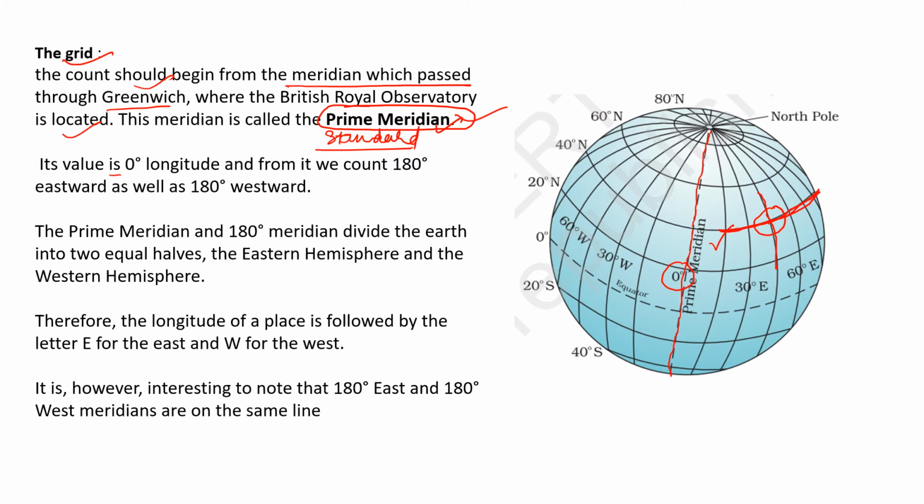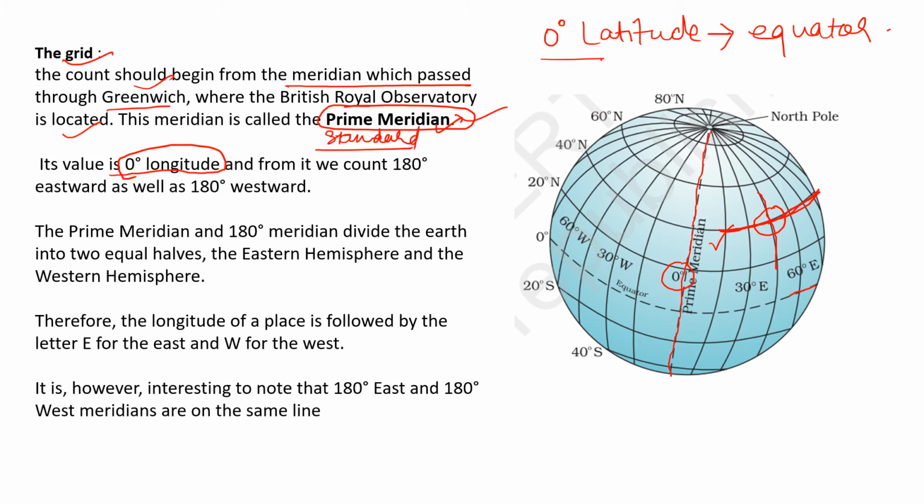Its value is taken as 0 longitude, and for 0 latitude the reference point is called the equator. Latitude 0 degree is known as the equator.